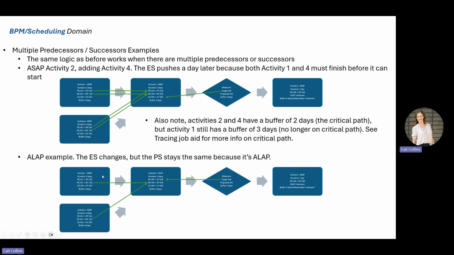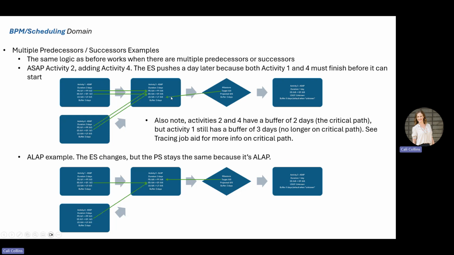The next one down here is now an as late as possible example. So the early start here, at this as late as possible activity number 2, the early start changes, but the projected start stays the same because it's as late as possible. So on this one here, because it's as soon as possible, it's pulling the projected start from its predecessors and its early start from its predecessors.